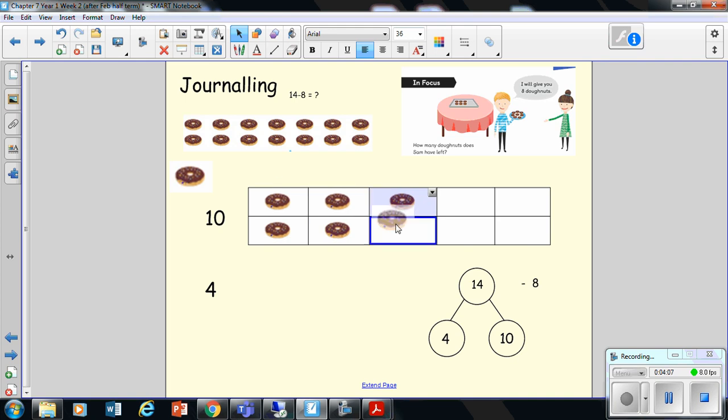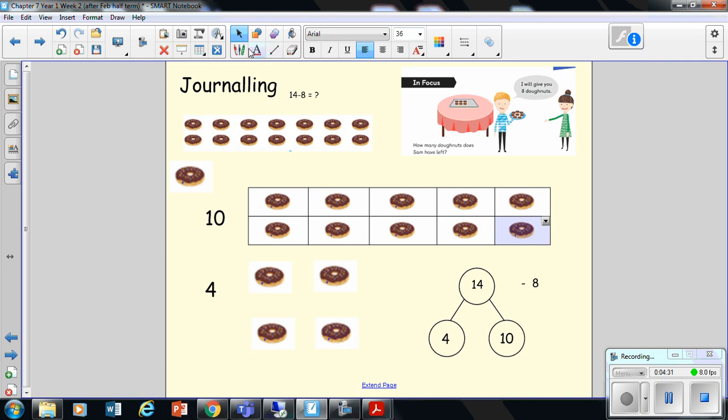So I'm filling up my tens frame with my 10 donuts. Okay, there we go. There's my 10 donuts in my tens frame. However, I've also got 4 left over outside. 1, 2, 3, and 4.